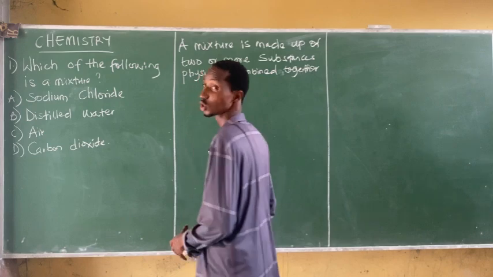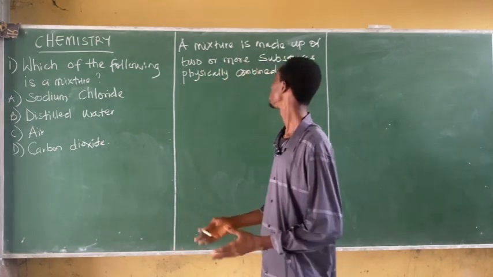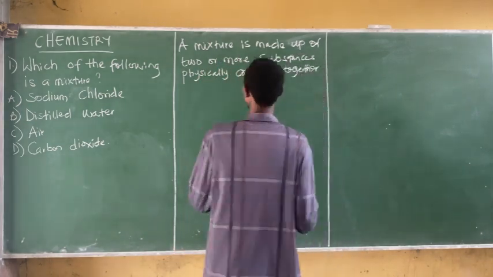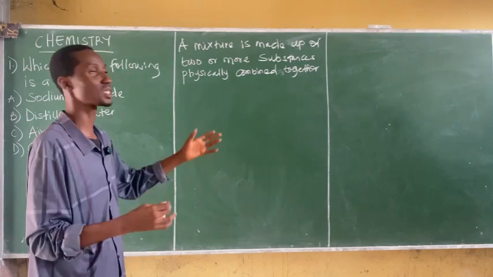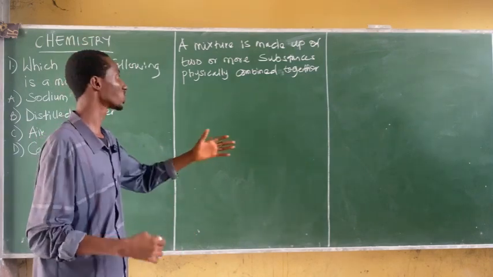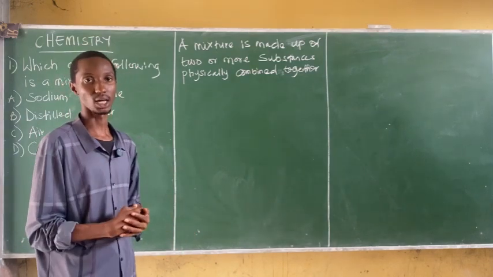That is what a mixture simply means. A mixture is made up of two or more substances physically combined together, not chemically combined together.